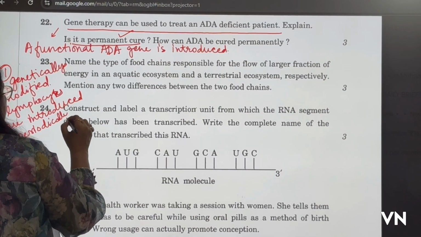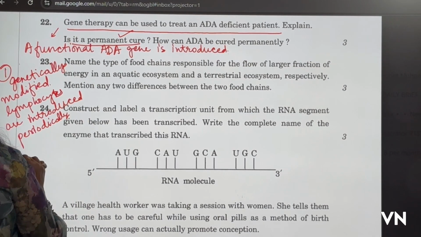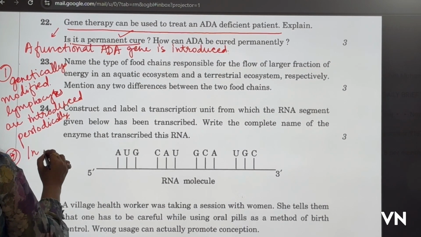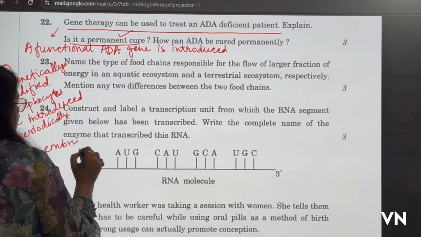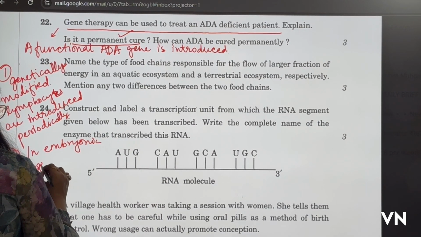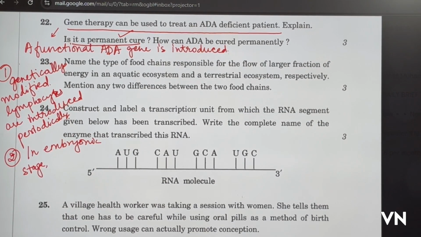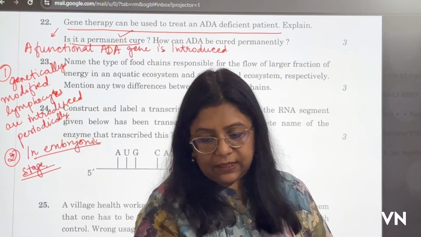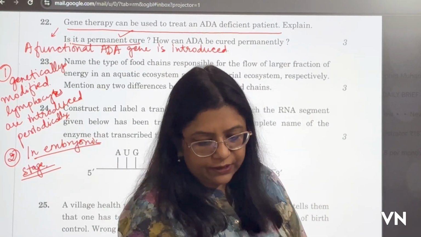Or another method is number 2: in the embryonic stage, gene therapy is provided.